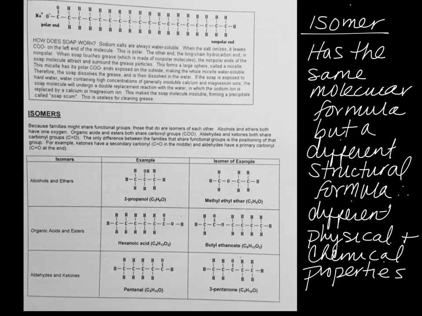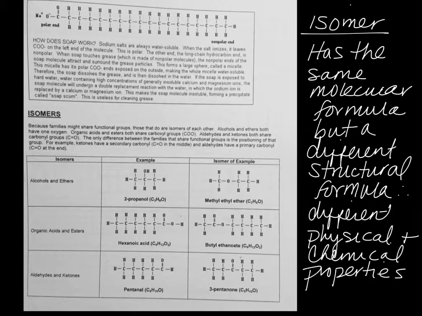Here's an example of how hexanoic acid, which has the molecular formula C6H12O2, forms the isomer butyl ethanoate, which is an ester, C6H12O2. Now, notice I still have a double bonded oxygen.